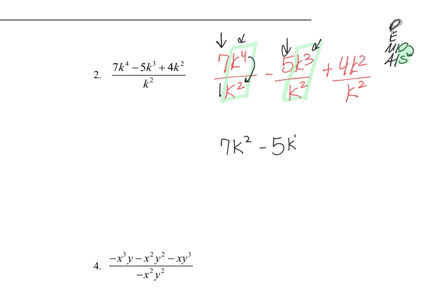And then finally on the last one, we have just 4 divided by 1, if you'd like to say that. So it's just 4. And k squared divided by k squared, remember 2 minus 2 is 0. So what you're left with is actually k to the 0. Anything to the 0 power is what? 1. So you'd actually have 4 times 1 there if you'd like to write that.